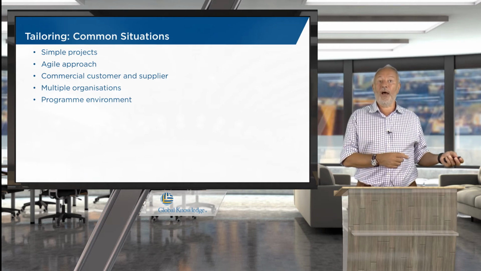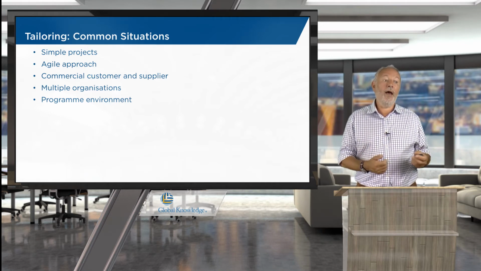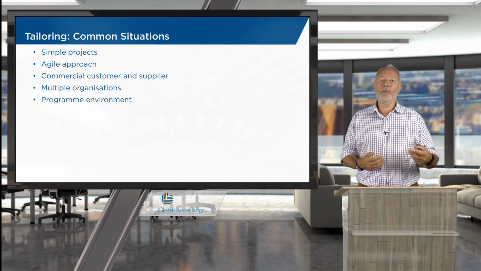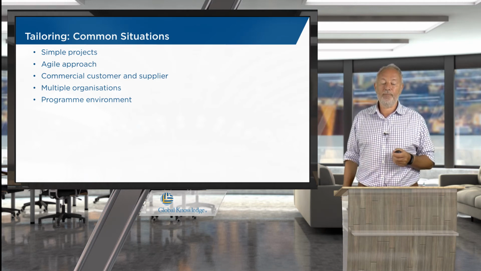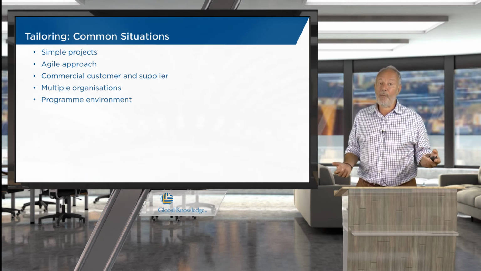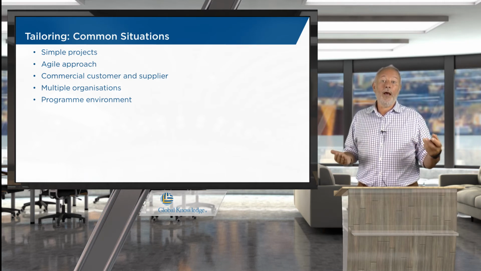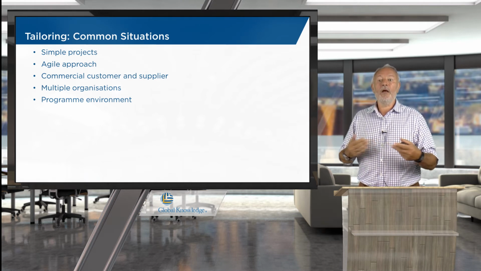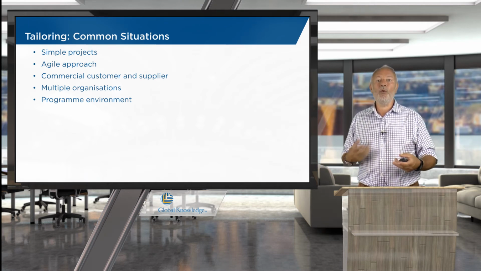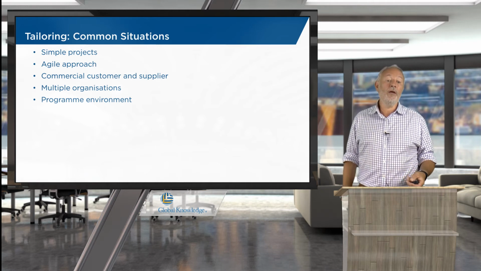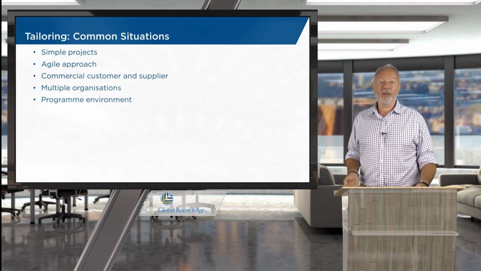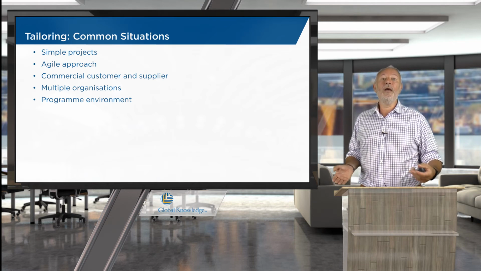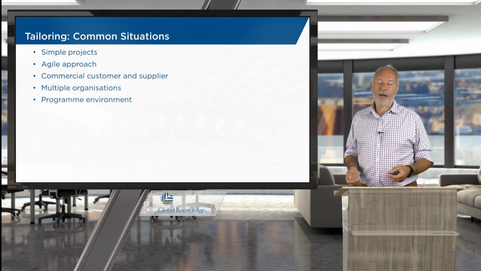Similarly, on the supplier side, maybe we need a prime contractor who manages all those many suppliers. If we're part of a program environment, then we would look to the program manager who will be controlling the various projects, and we would look to align ourselves with all the processes and themes that they're using, which will be almost exactly the same as you have in a project.